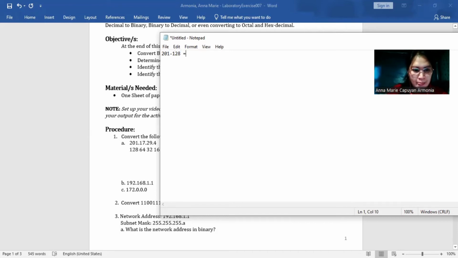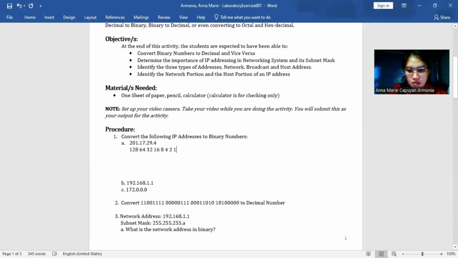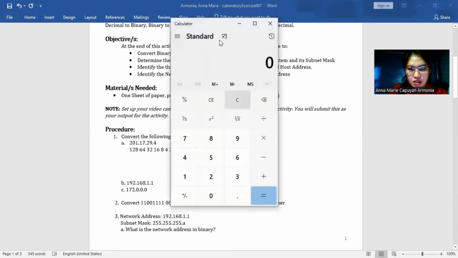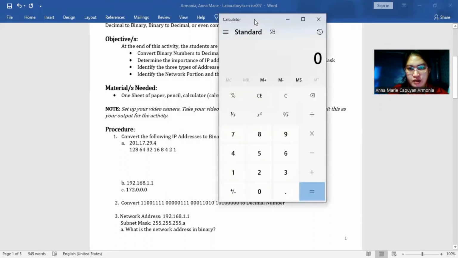So let me get the calculator, and let me share my calculator so that it would be clear how I convert the IP address to binary.